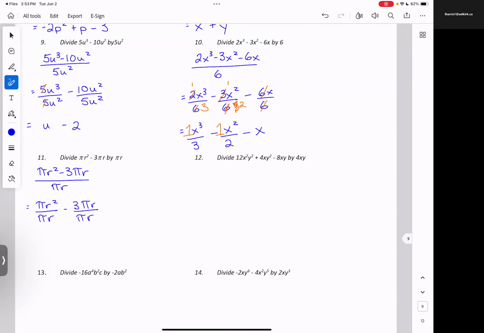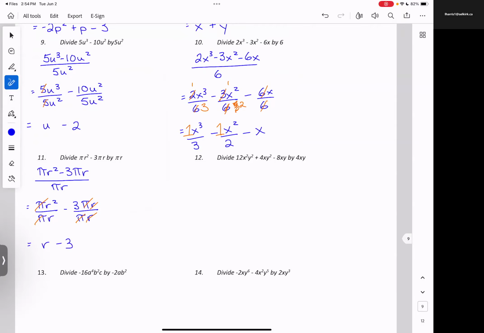And then let's take a look. So we've got pi divided by pi. Those are going to cancel. And then r squared over r just gives us a single r in our first term. And then we've got minus. In that second term, our pi's once again cancel and our r's cancel. So we're just left with r minus 3.